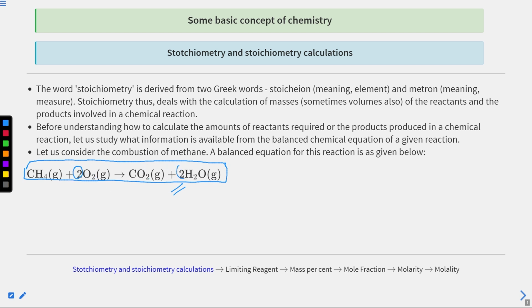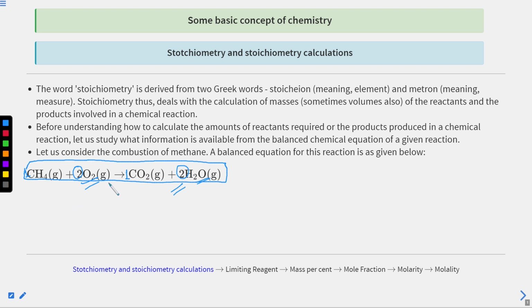You can see here that these two reactants have a number before their symbols. These numbers may or may not be there, and they are called stoichiometric coefficients. If it is not there, that means the stoichiometric coefficient of CO2 is 1 and the stoichiometric coefficient of CH4 is 1.